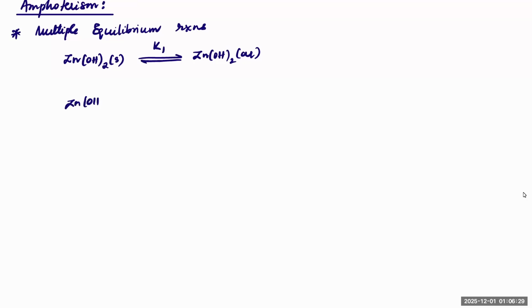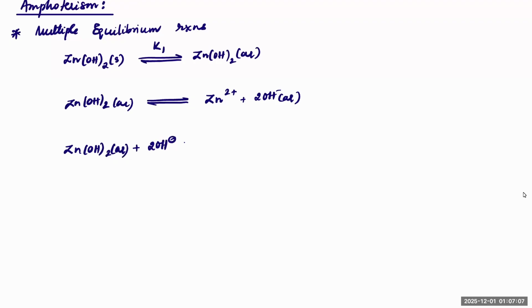Likewise, Zn(OH)2 aqueous maintains Zn2+ plus 2 OH-, or we can also have Zn(OH)2 aqueous plus 2 moles of OH-, forming a complex Zn(OH)4 2-.